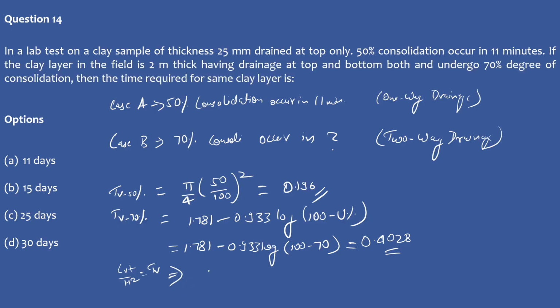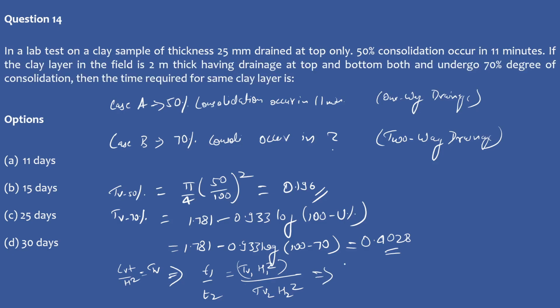If we use this particular relation, T1 by T2 will go something like this: Tv1 H1 square by Cv, and Cv will be the same for both, divided by Tv2 H2 square by Cv.